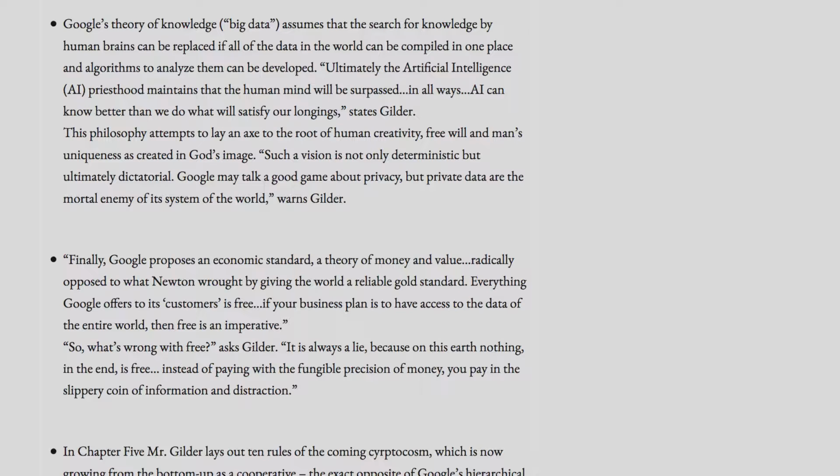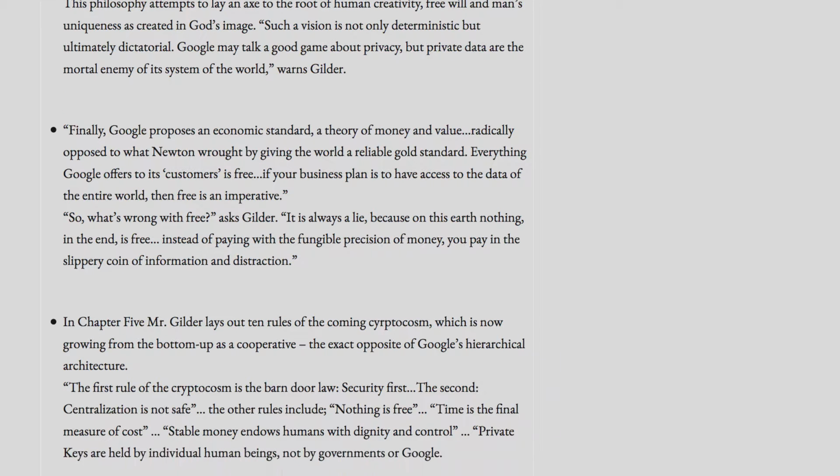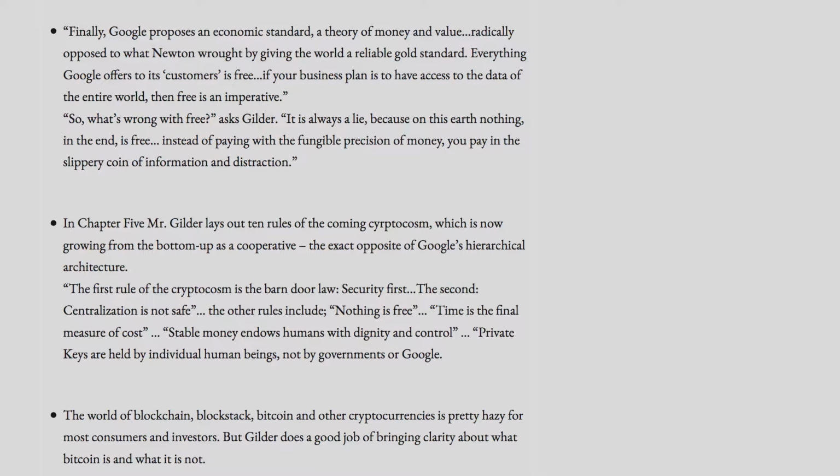"Finally, Google proposes an economic standard, a theory of money and value, radically opposed to what Newton wrought by giving the world a reliable gold standard. Everything Google offers to its customers is free. If your business plan is to have access to the data of the entire world, then free is an imperative."